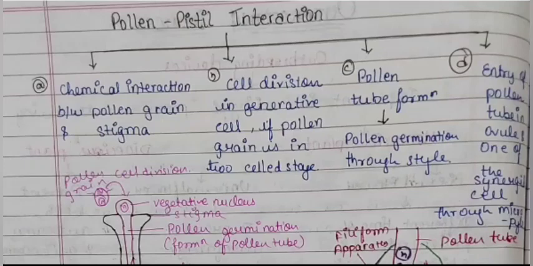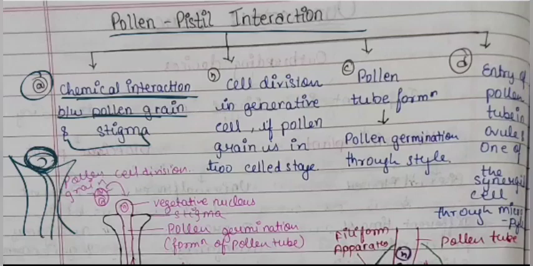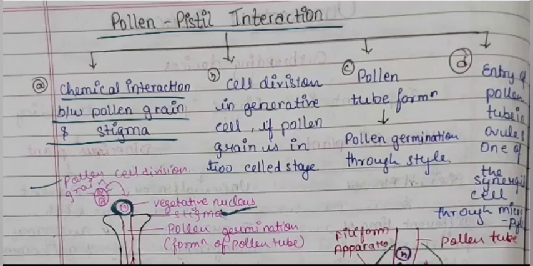Now coming to the steps of pollen pistil interaction. The first one is chemical interaction between the pollen grain and the stigma, as the stigma should identify whether the pollen grain which has landed on it is of the same species or not. Now here the pollen grain should be at the 2-cell stage so that the further steps can be performed.